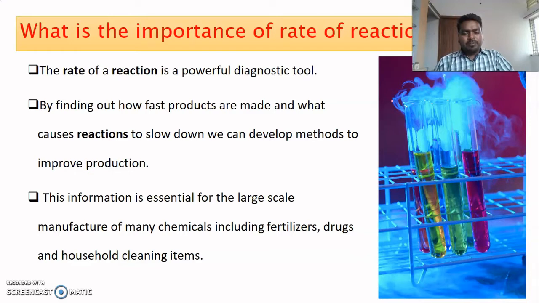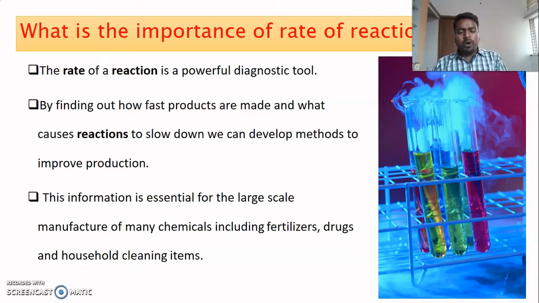Okay, and by knowing its kinetics, we can tell if the reaction is slow, or the reactant is not reacting properly, or the reaction conditions are not favorable for that reaction.